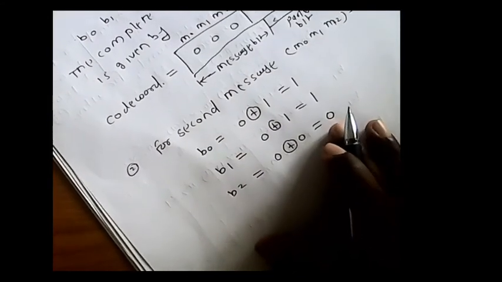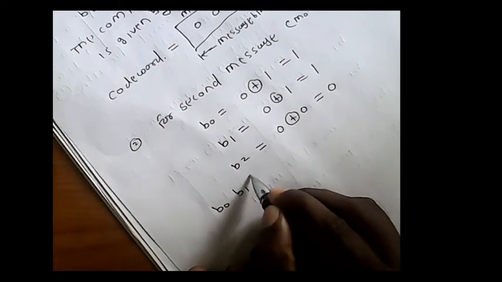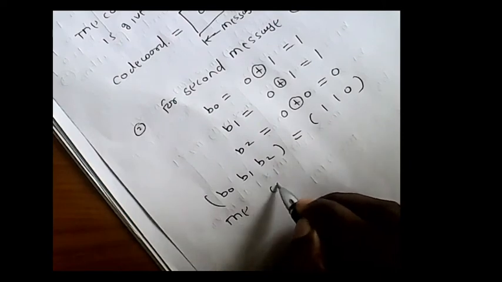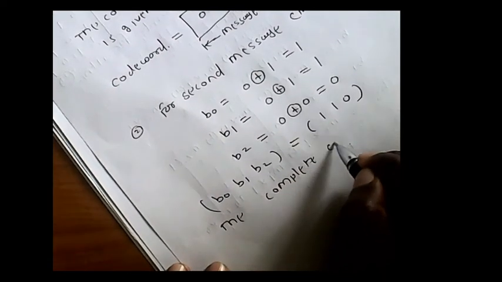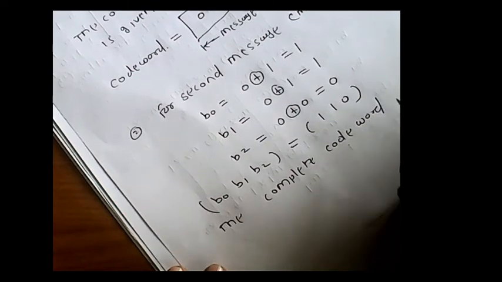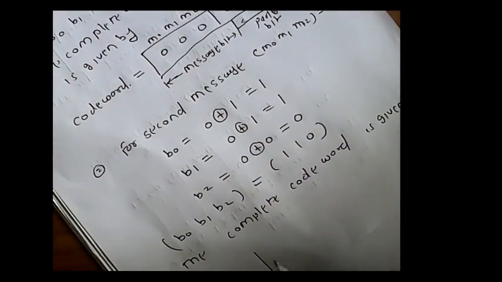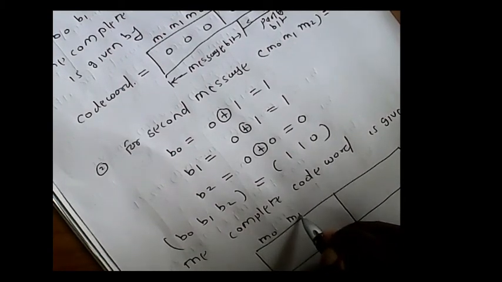You can follow the arithmetic modulo 2 operation here, and we completely get the parity bits B0, B1, B2, that is 1 1 0, so the complete code word is given in this format again: message bit followed by parity bits B0, B1, B2.